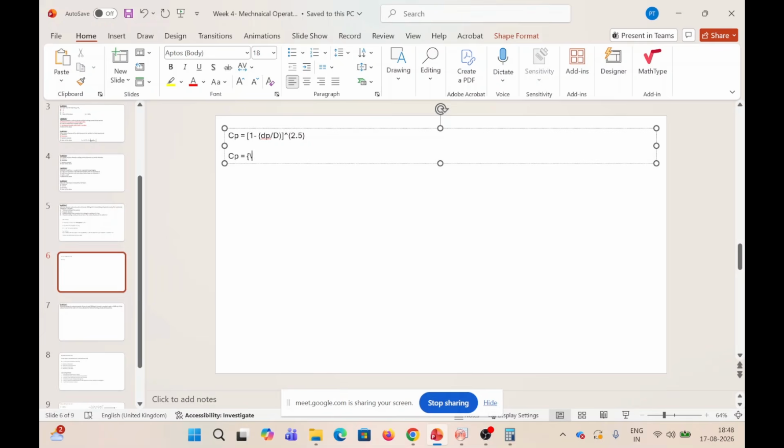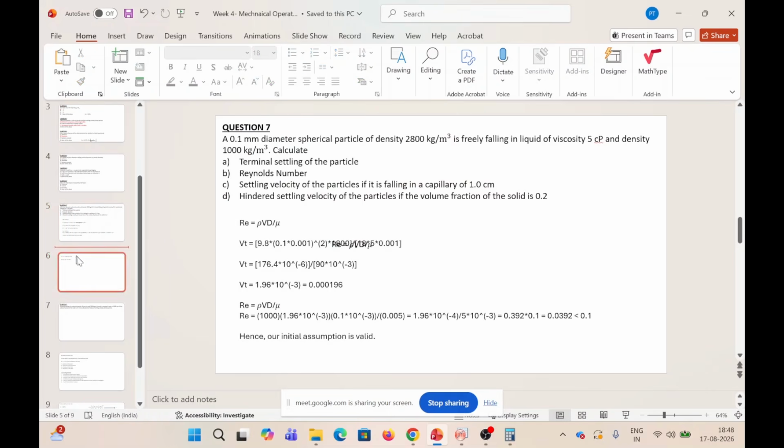1 minus dp, that is the diameter of the particle, which is 0.1 mm, divided by diameter of the column, which is given here as 1 centimeter.